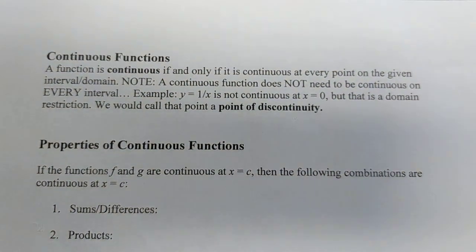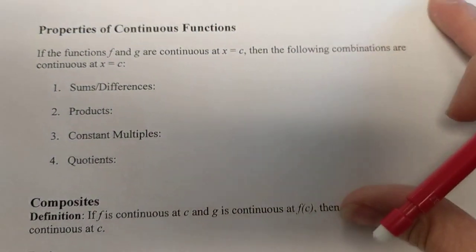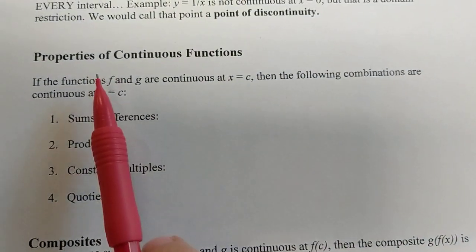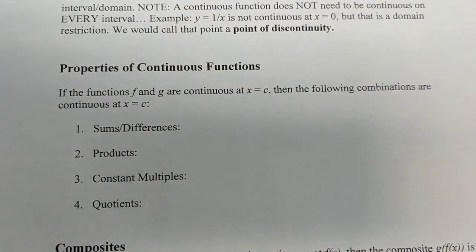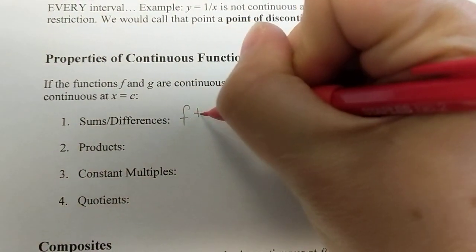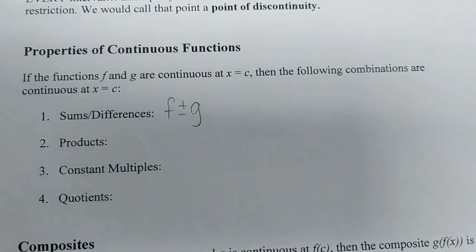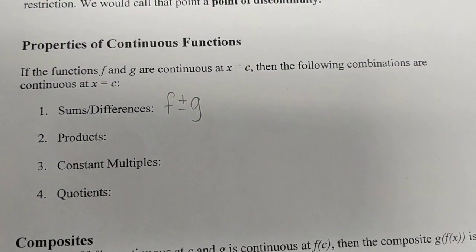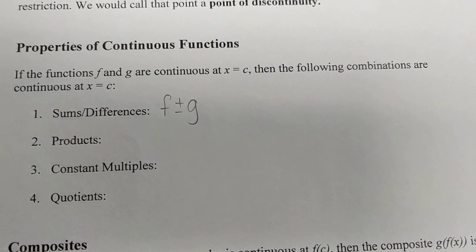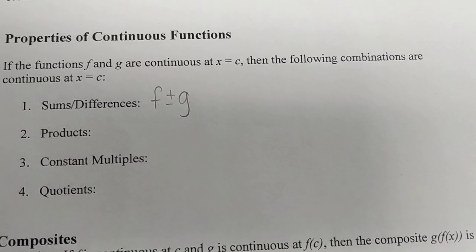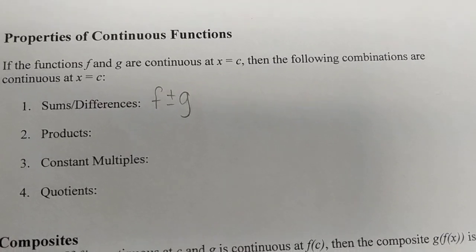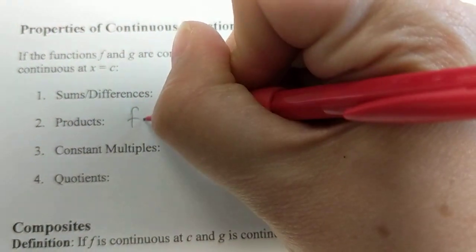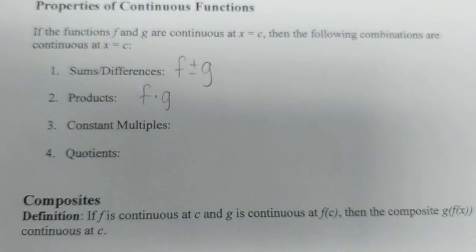So a couple of properties that are in here. I'm not going to spend a lot of time on these, but if I have two functions, f and g, and they're both continuous, then I'm allowed to add and subtract those two functions, which we do all the time. Think like x squared plus x or x squared minus x. Those are both continuous functions. We can multiply them, f times g.